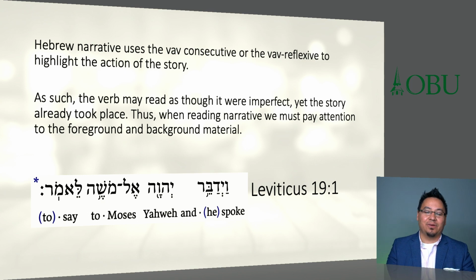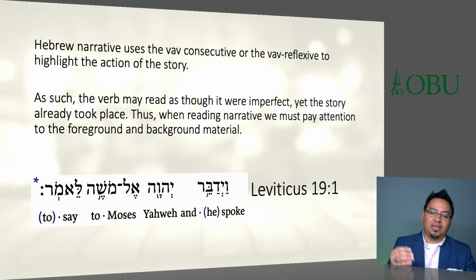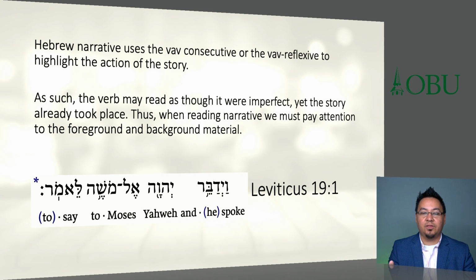And so here's, for instance, Leviticus chapter 19, verse 1. Vayedavar Yahweh el Moshe le amor. And spoke Yahweh to Moses to say. Now notice, "he spoke." I have it translated there in the perfect tense, even though it has a yod at the front side, meaning it's imperfect.